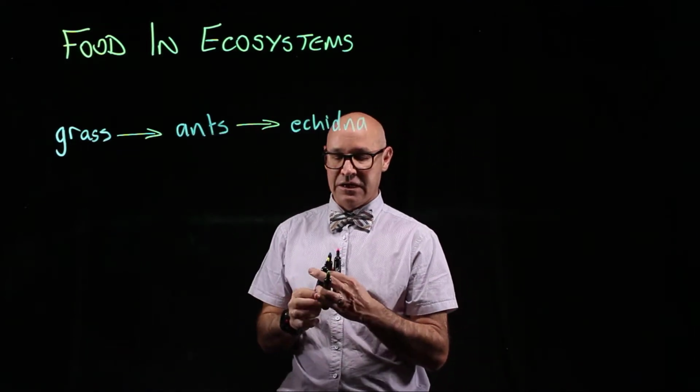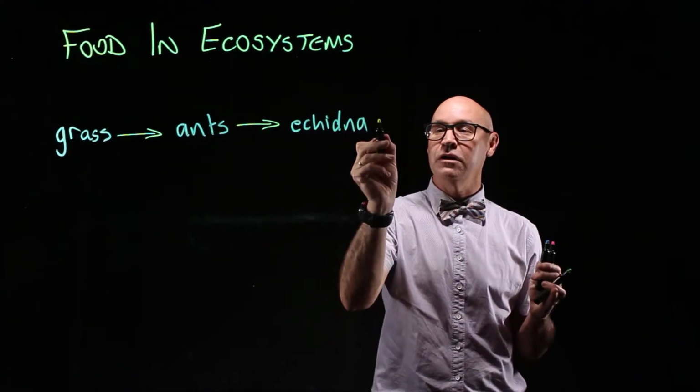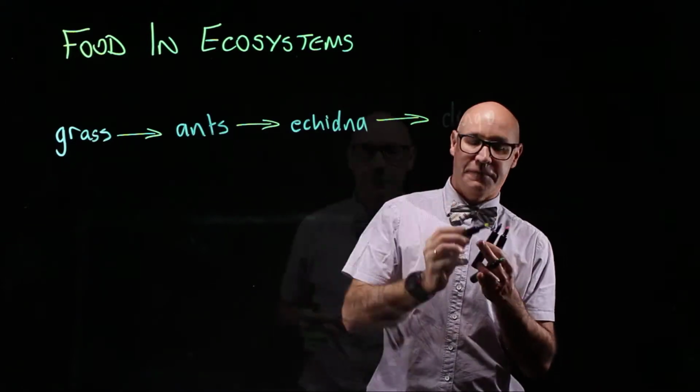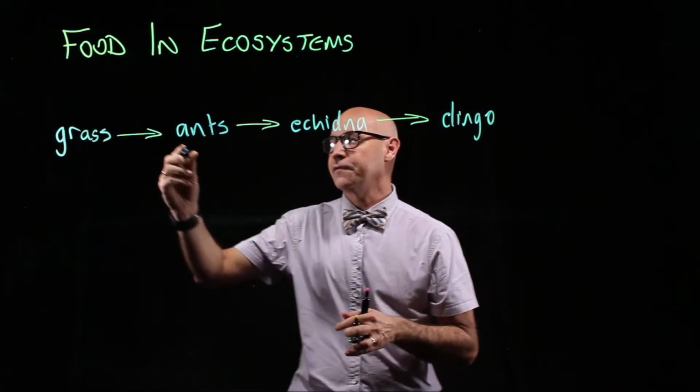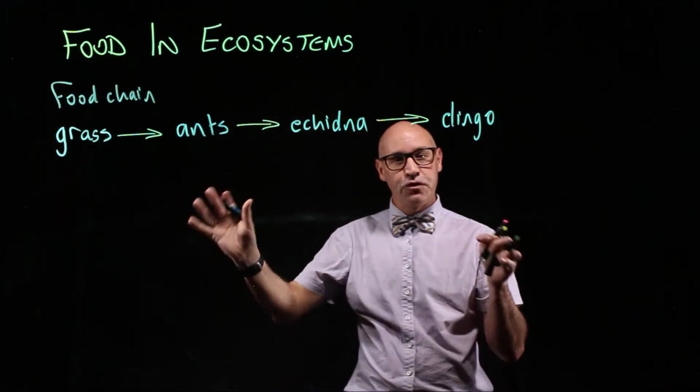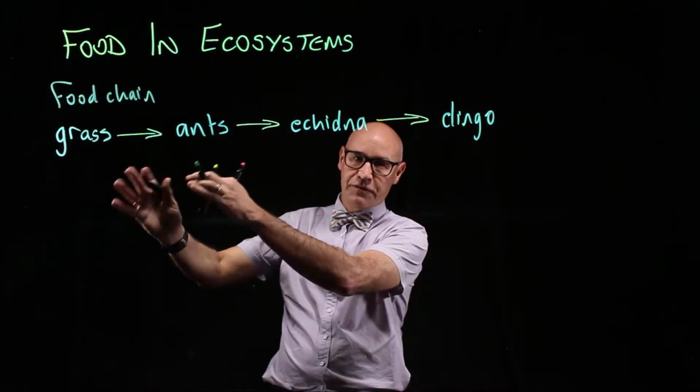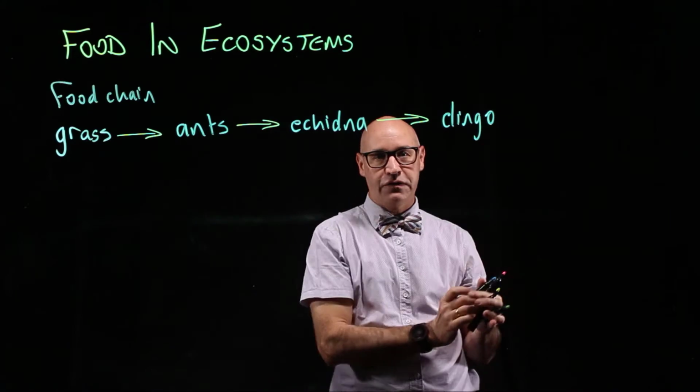And the echidna then is going to be eaten as well by a dingo. Okay, so here's a very simple food chain. This food chain demonstrates how energy flows through the ecosystem.